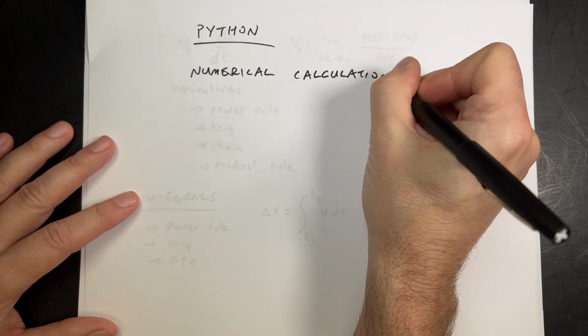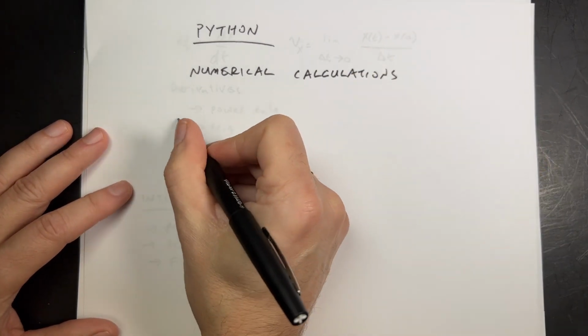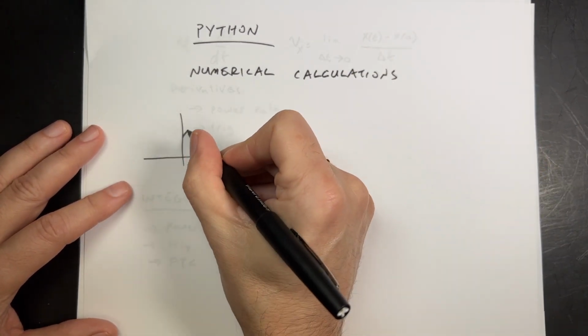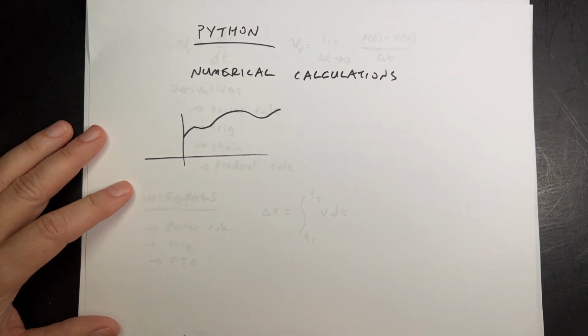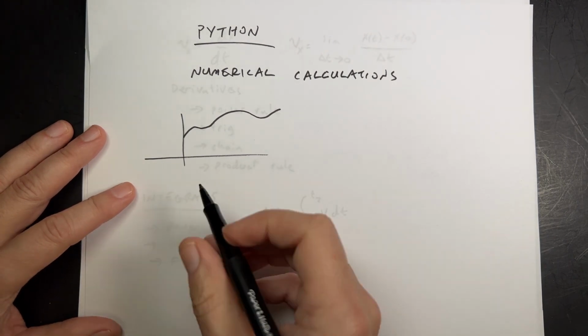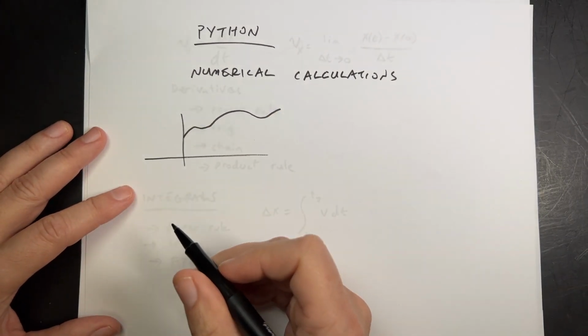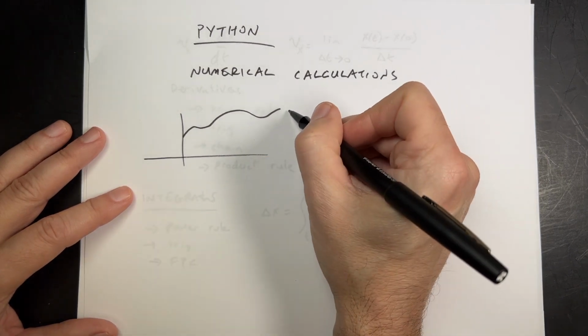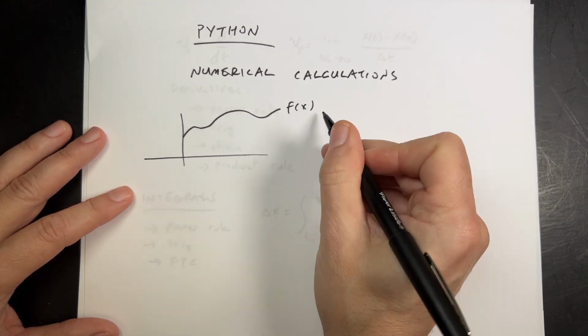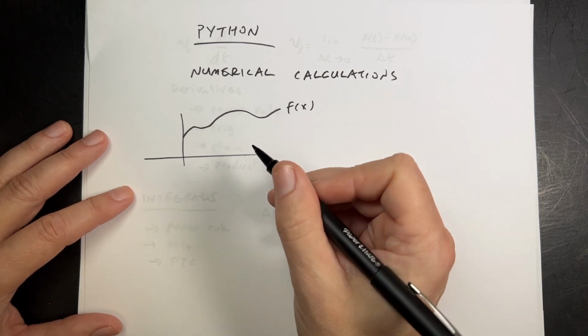And the basic idea is, let me draw a graph. Let's suppose we want to integrate this curve. In Python, with the numerical calculation, in calculus, you would have f as a function of x that you would integrate. But if you don't know f as a function of x, that's fine.